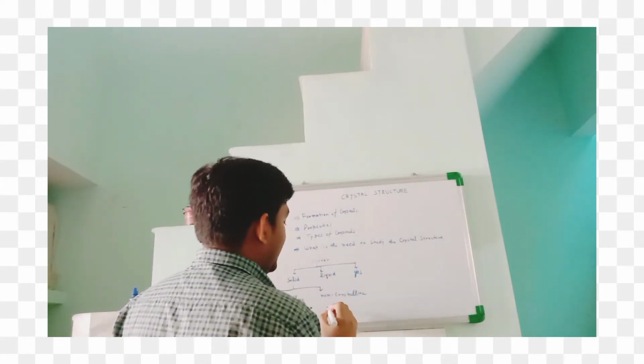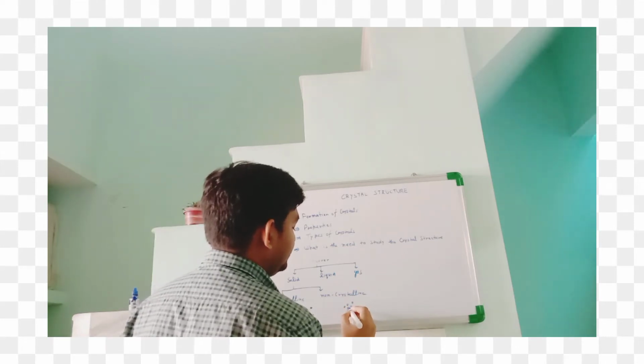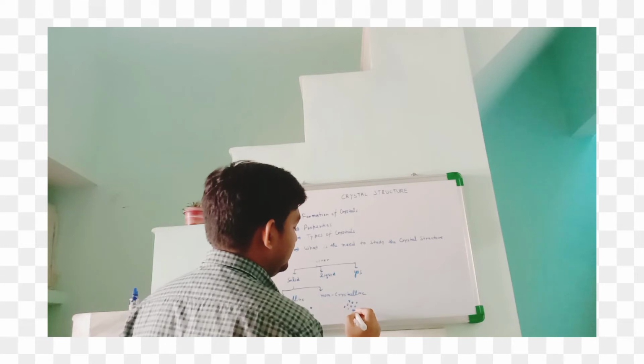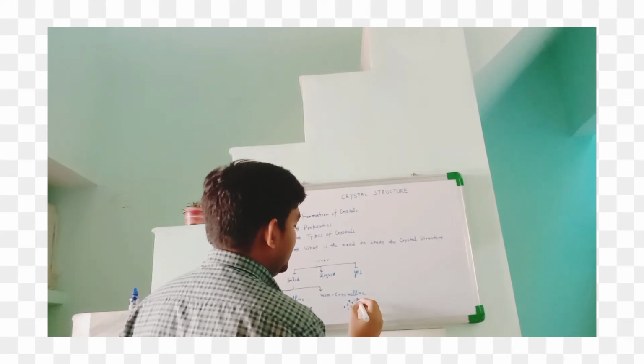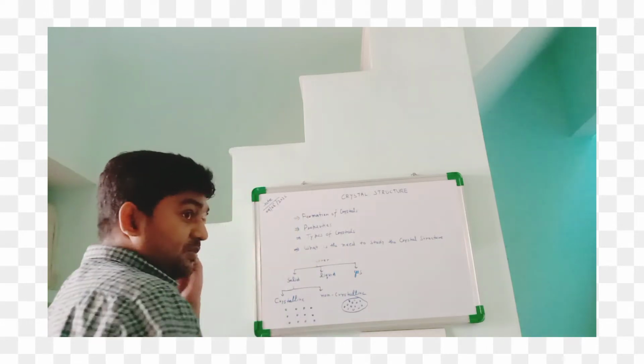Initially, we can understand if the atoms inside the solid have this type of geometry or periodic arrangement, we can say that this type of material are crystalline materials, and in non-crystalline materials, atoms are irregularly arranged. This type of arrangement of atoms are non-crystalline materials. Sometimes these are called amorphous materials.